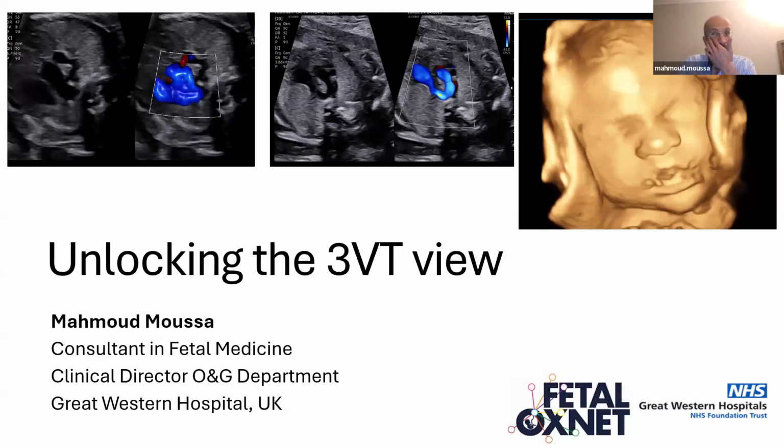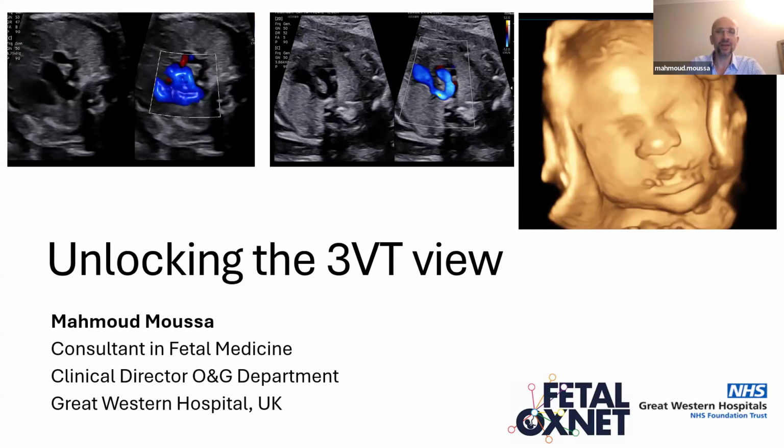Great. So we will talk about the three-vessel trachea view, which is part of the heart examination that has been, I would say, recently introduced. Initially, in the majority of screening protocols, the major heart structure was assessed via the four-chamber view, which can exclude about 50 to 60% of major heart problems.